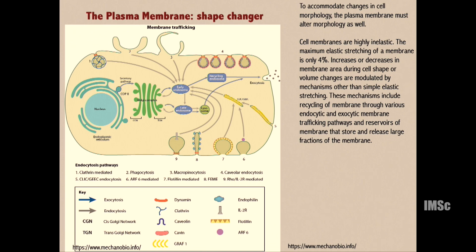And these mechanisms include what we call intracellular trafficking, in which membrane is recycled through various routes. So what's on the membrane can get internalized, and then it can go back and add membrane. And this way you can generate membrane reservoirs, you can modulate the amount of membrane.